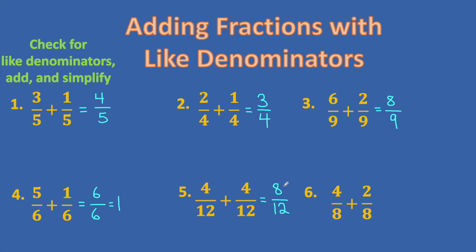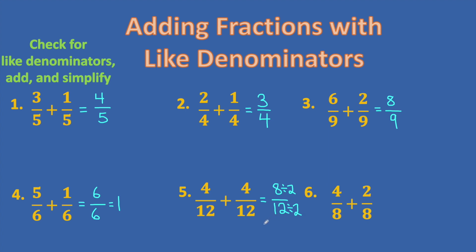If you know your division facts, whatever you do to the top, you have to do to the bottom. So we're going to write the division sign. We're dividing the top and bottom by 2 because we can simplify it even further.